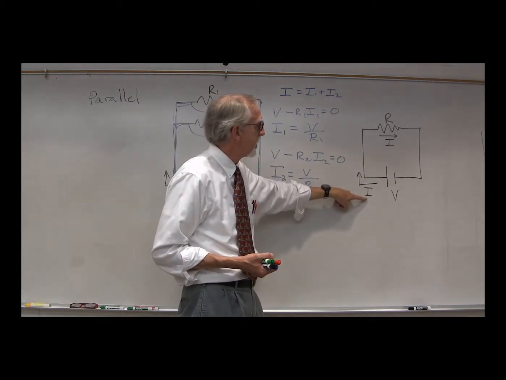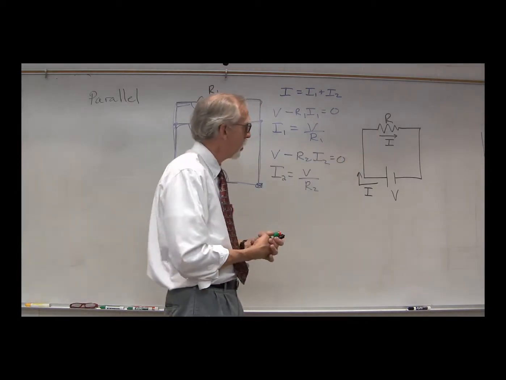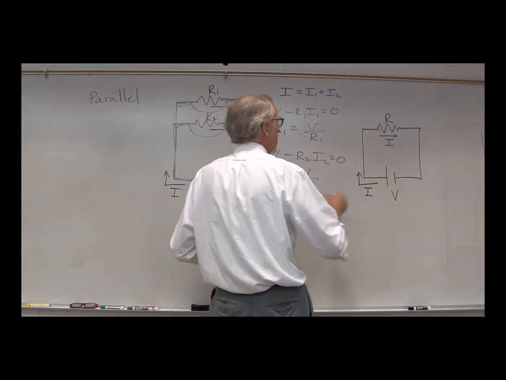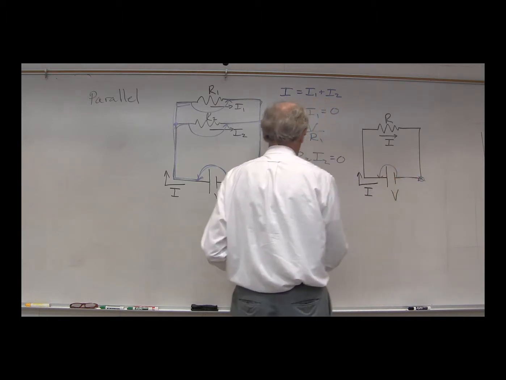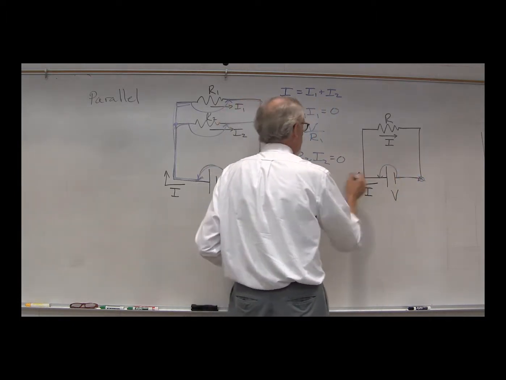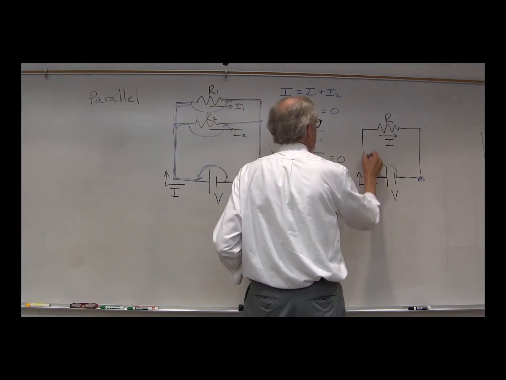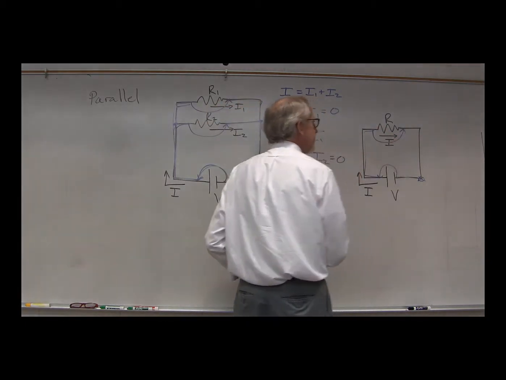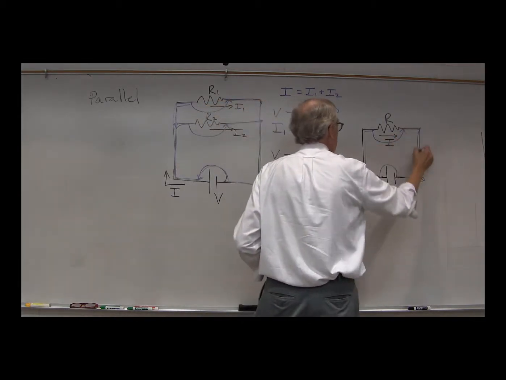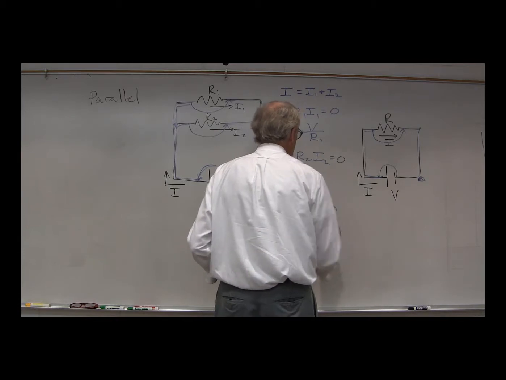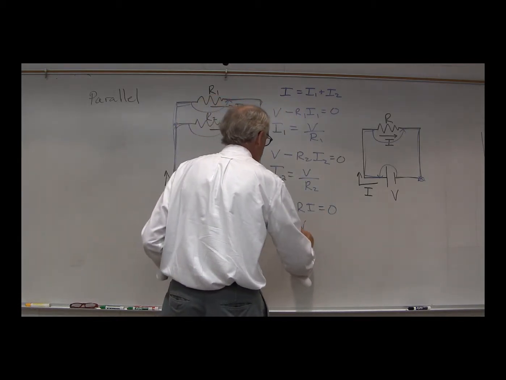So the current that comes out of the battery must be the current that's going through this equivalent resistor. So what do we have? Applying the loop rule, V minus R I equals 0. Or, bring it over, divide by R, I equals V over R.